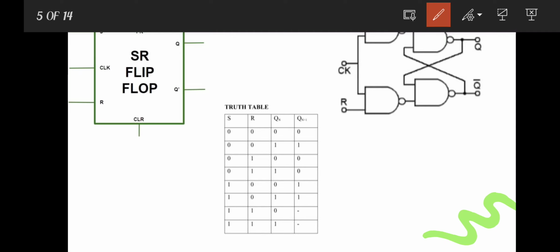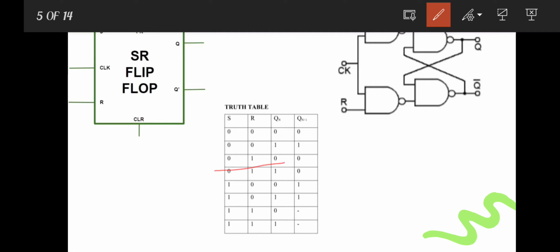Now at the rising edge, if S is 0 and R is 1, then irrespective of the present state of the flip-flop, the flip-flop will get reset. That means if the present state of the flip-flop is either 0 or 1, then the next state output of the flip-flop will become 0.